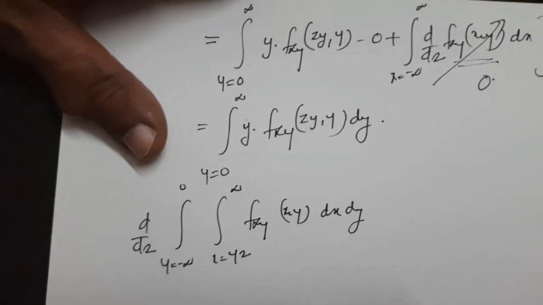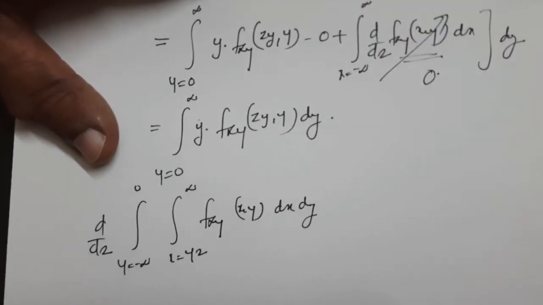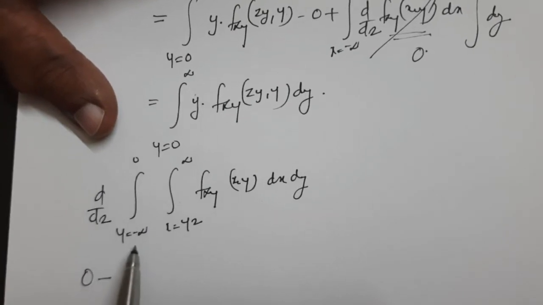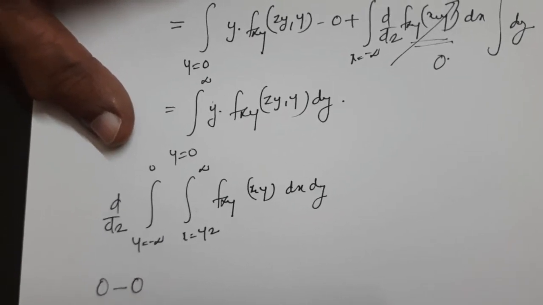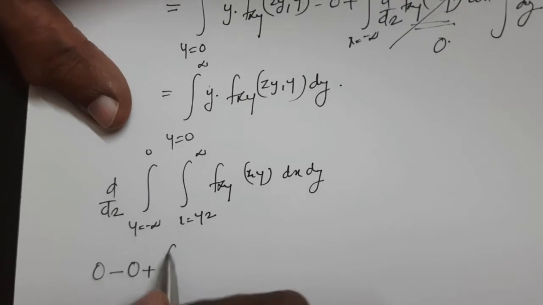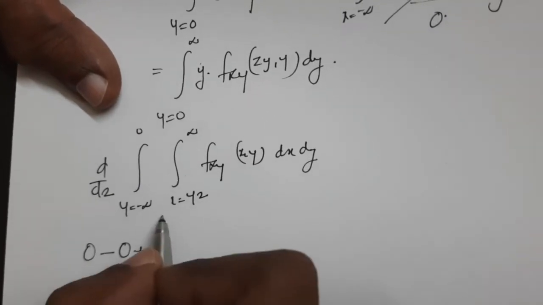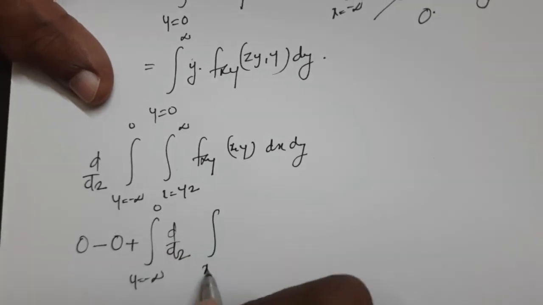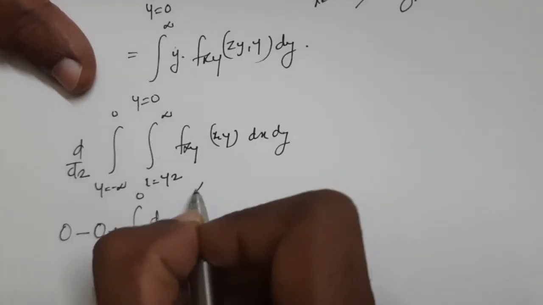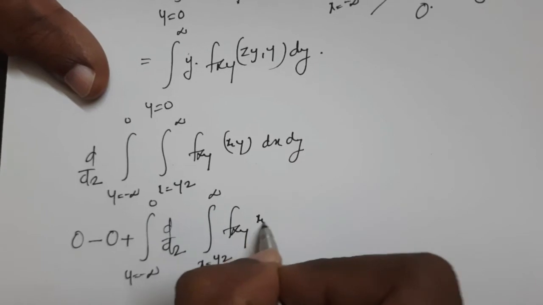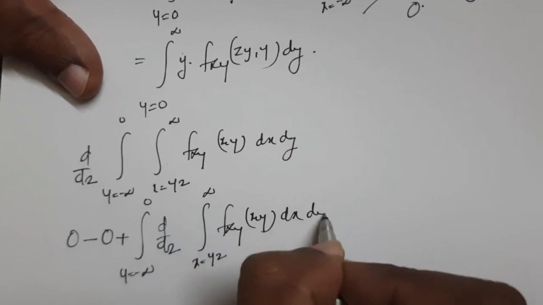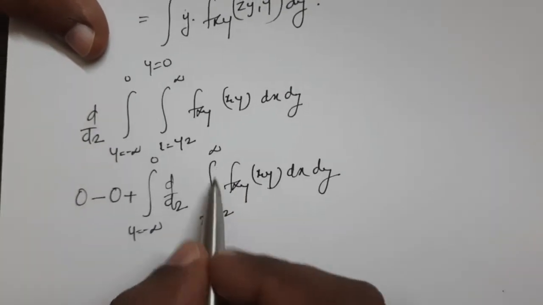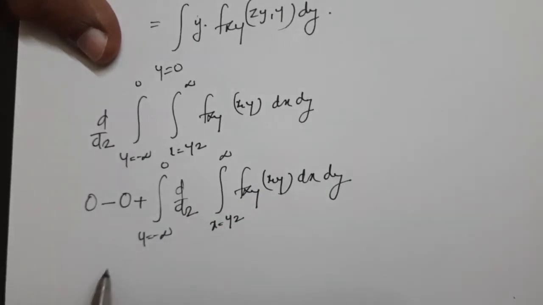You will get d by dz of 0, that is 0, minus d by dz of the lower limit minus infinity, that is again 0, plus the integral y equal to minus infinity to 0 of d by dz of the integral x equal to yz to infinity of fxy(x,y) dx dy. We again apply the Leibniz rule for this integral.